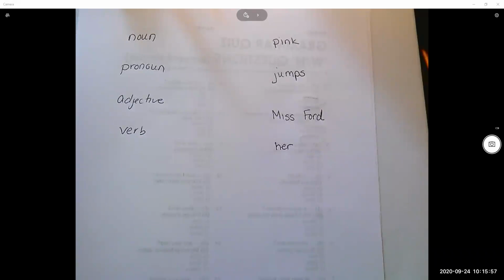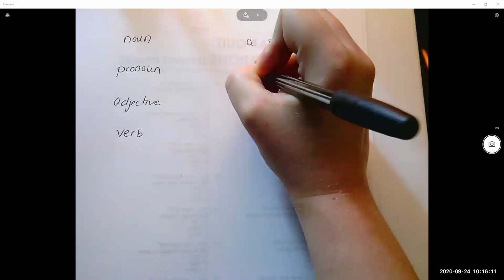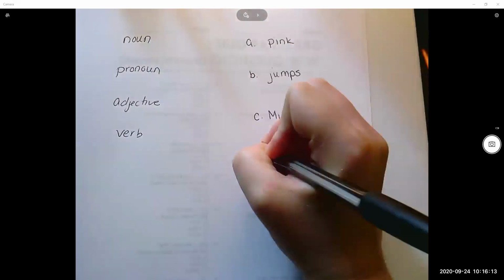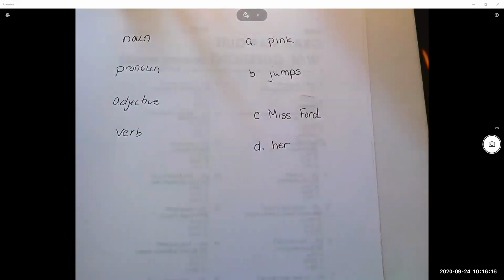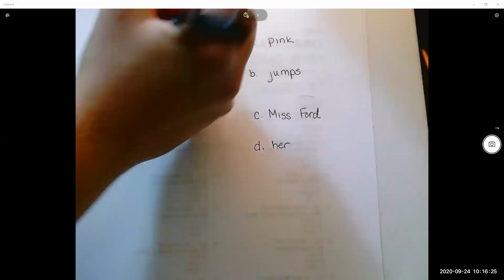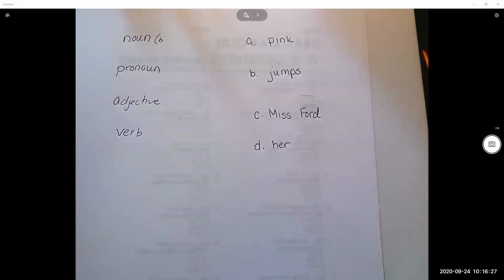What about jumps? It can be a thing, right? I'm going to label these on the side, guys, too. Sorry. There we go. It can be jumps. If I'm talking about skateboarding and I say jumps are my least favorite part, okay, so it could be B. I'm going to put B off to the side right here, because it could be that.